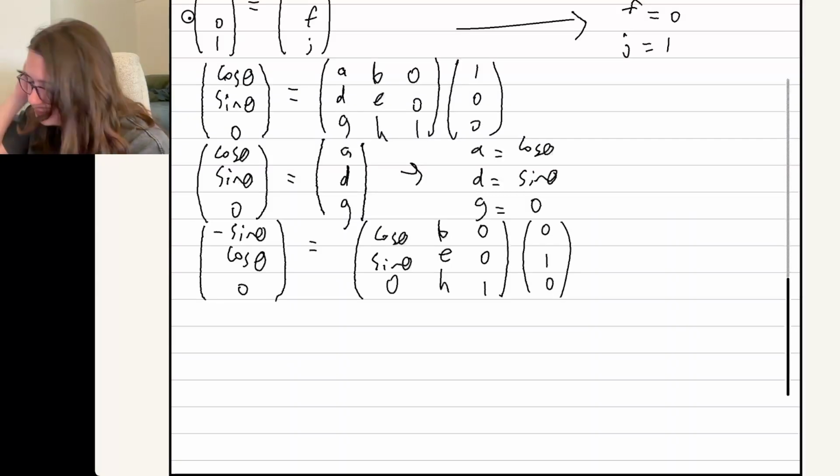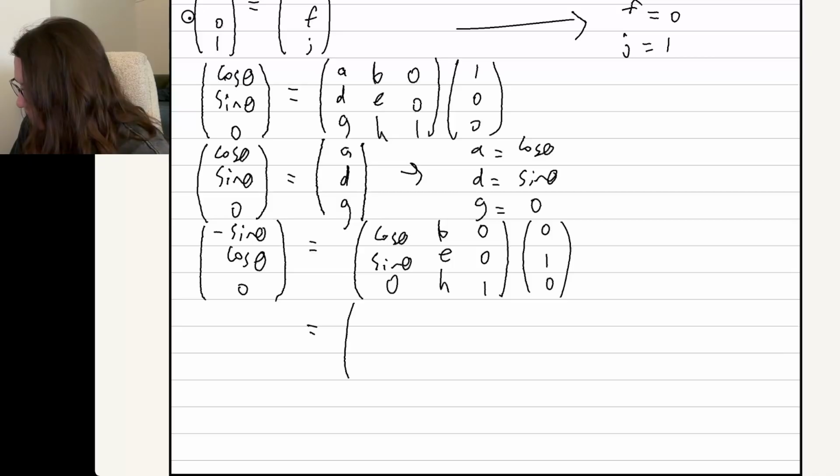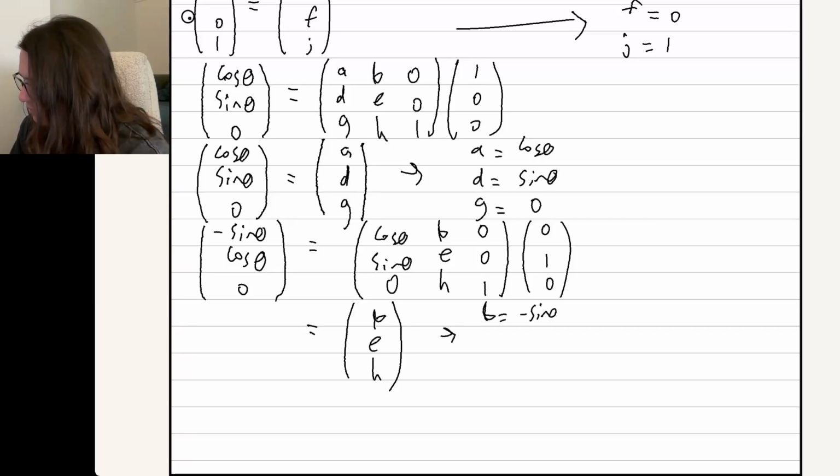Again, just doing the matrix multiplication on the right hand side, you get B, E, H for the resultant column vector. So you see that B equals minus sine theta, E equals cosine theta, and then H equals 0.